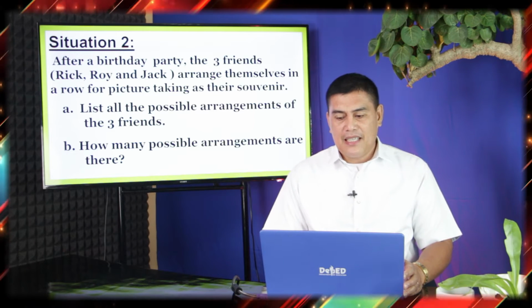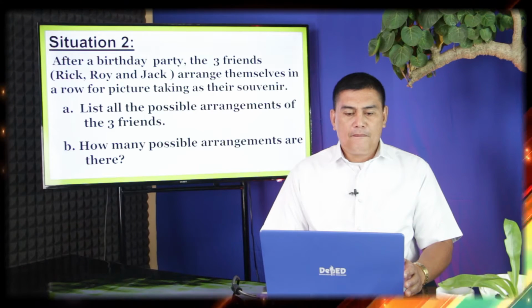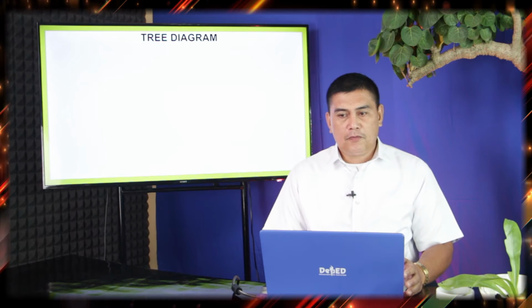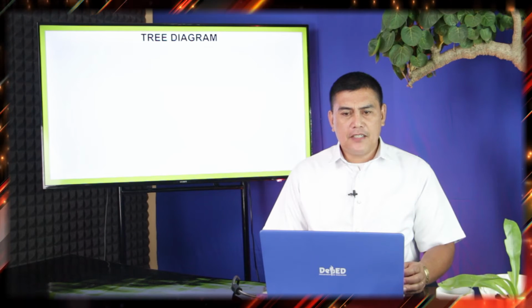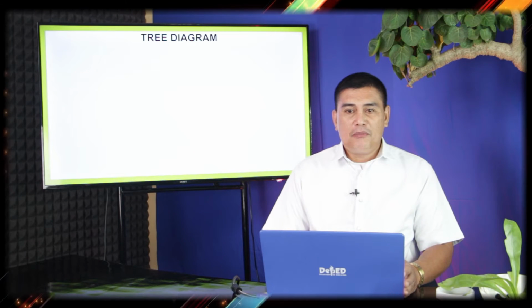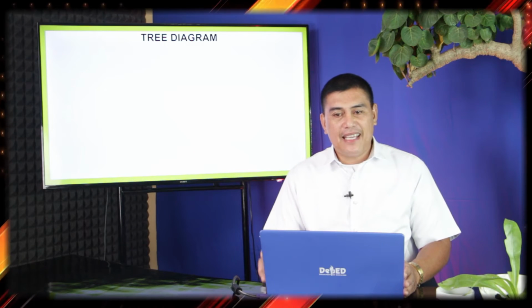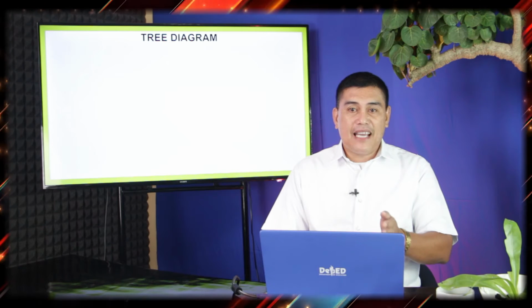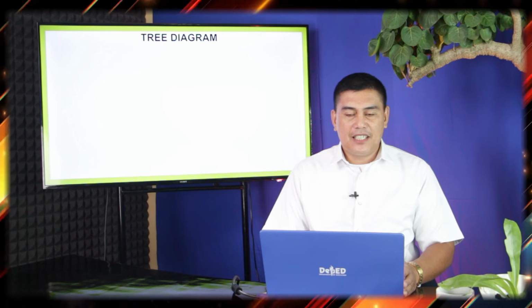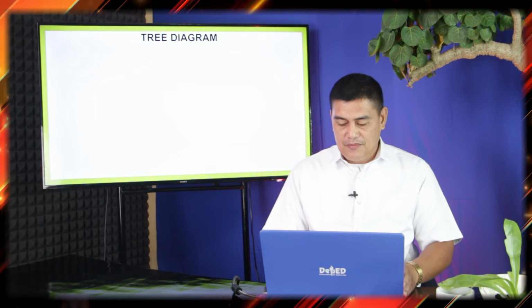Again, gagamit tayo ng tree diagram. So, it is possible na when they arrange themselves, merong nakaposition sa right side, sa middle side, at sa left side. Uunahin natin sa right side.